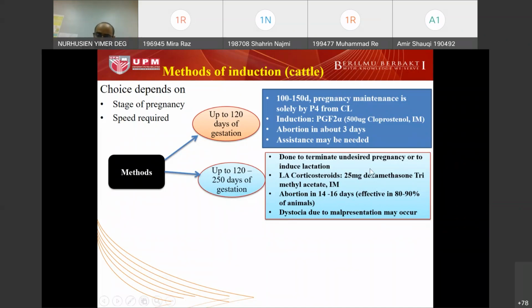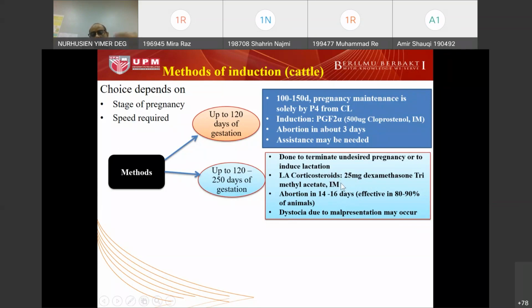So you have to consider the use of dexamethasone as well as prostaglandin, or maybe you can just consider dexamethasone, the corticosteroids alone, because corticosteroids will cover both actions.